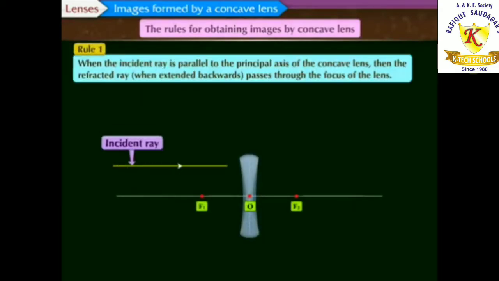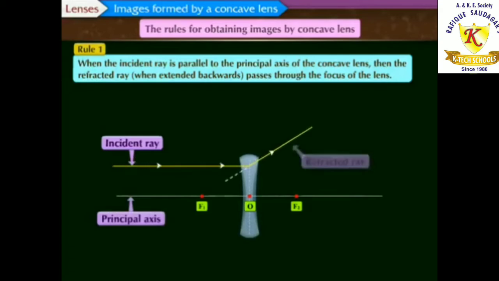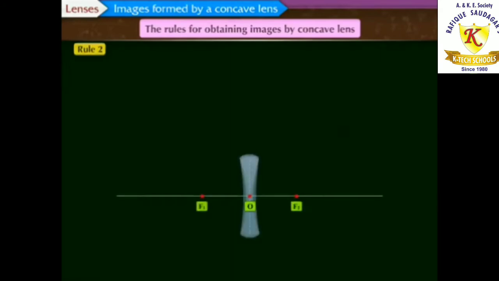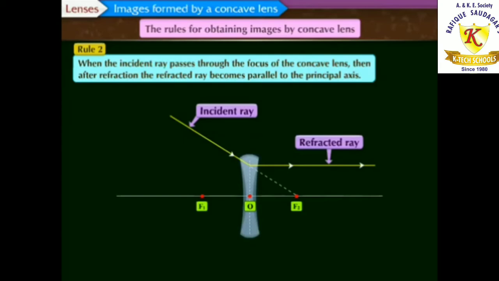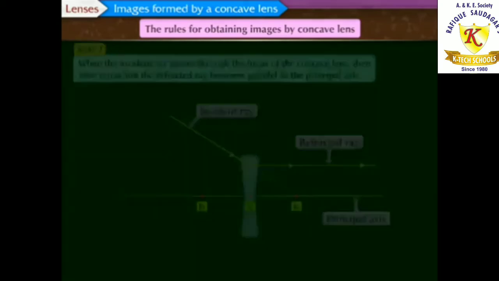When the incident ray is parallel to the principal axis of the concave lens, then the refracted ray, when extended backward, passes through the focus of the lens. Rule number 2. When the incident ray passes through the focus of the concave lens, then after refraction, the refracted ray becomes parallel to the principal axis.